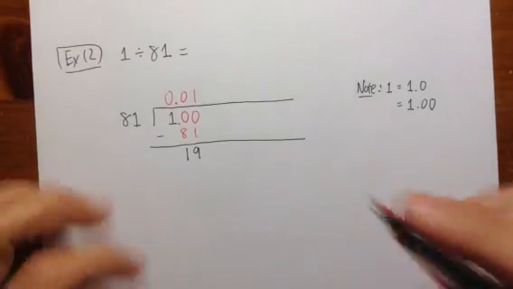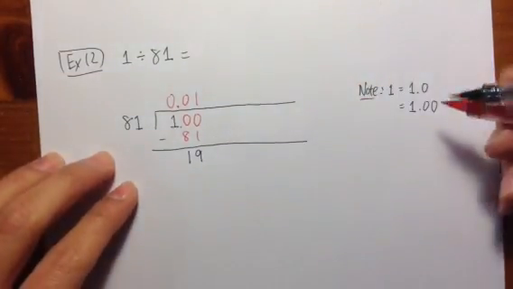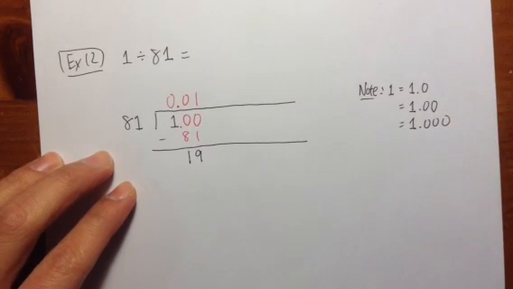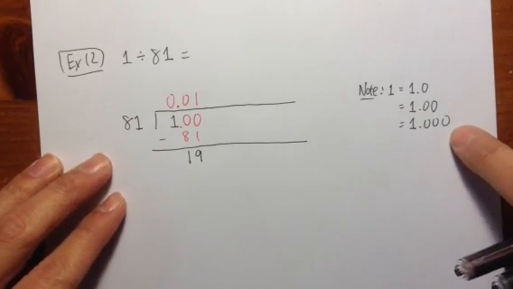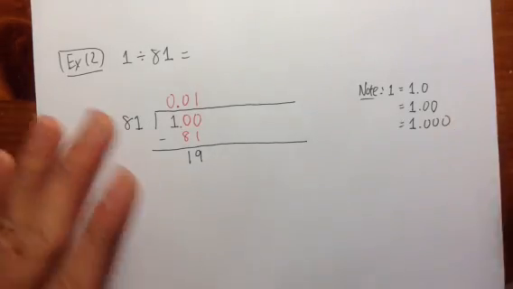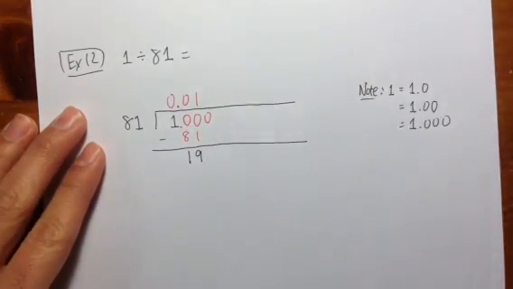Let's keep going, because we have a remainder. Let me just put on one more. This is 1.000. I can have as many 0s after the decimal point, and it doesn't change the value. So 1.000, 3 zeros.